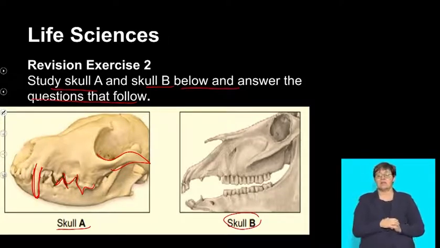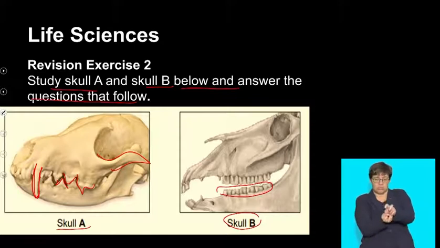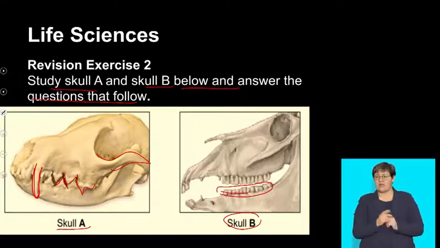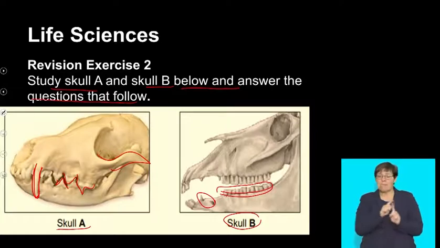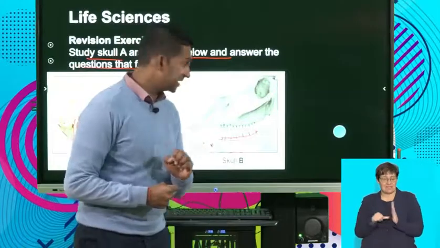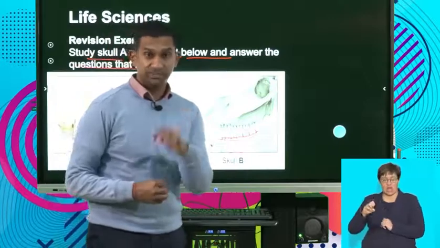Again, you can see that well developed and significantly elongated jaw, showing the presence of flattened molars and premolars. We see the absence of canines, but significantly well developed incisors. This would be significant in an organism that is a herbivore, one that consumes plant material.